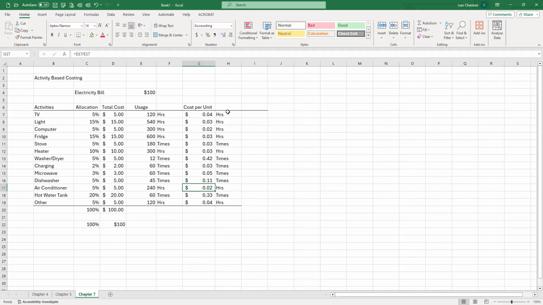Because now I know how much it costs me every single hour watching TV. If every single hour costs me 4 cents, then I can reduce the usage of the TV. If it costs me 3 cents to charge my phone at home, what are you going to do? You're going to charge it in the school. And you can save $2.